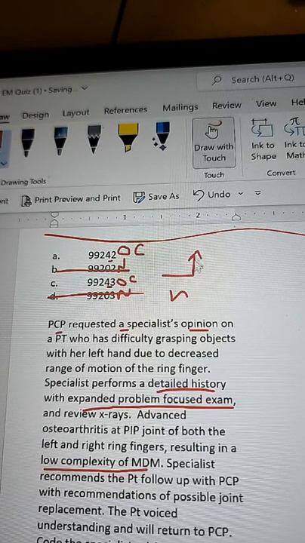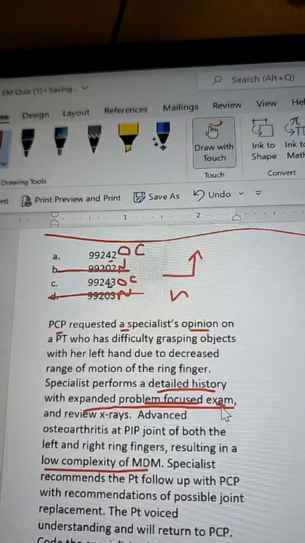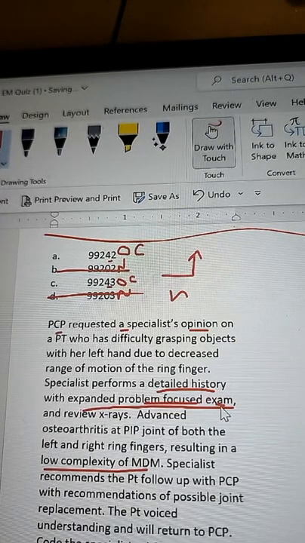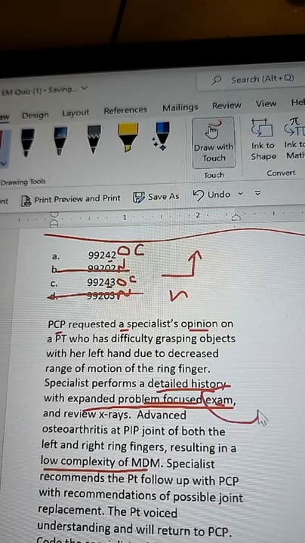Our MDM can be super high, but we still have to bill whatever our lowest component is. Our lowest level of component is our exam. So our exam can only go with the 42 because that's the only one that says expanded problem focused exam. And we have to match with all three of them. We have to meet or exceed.